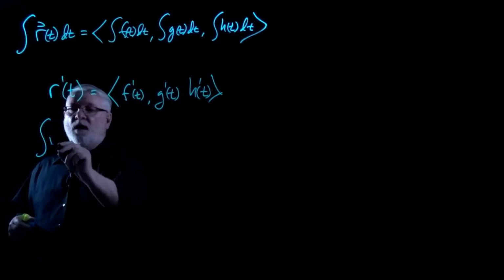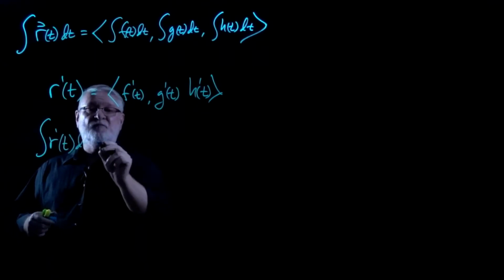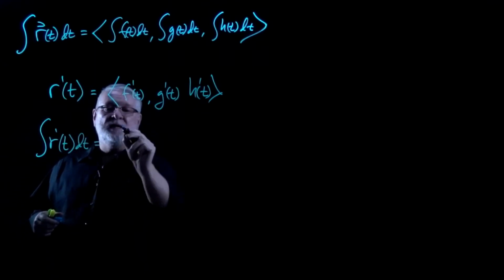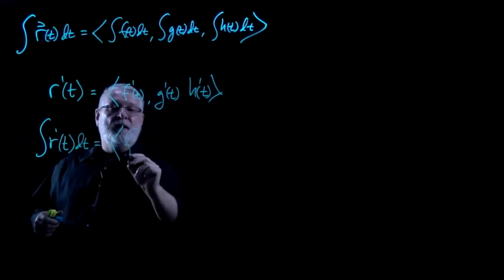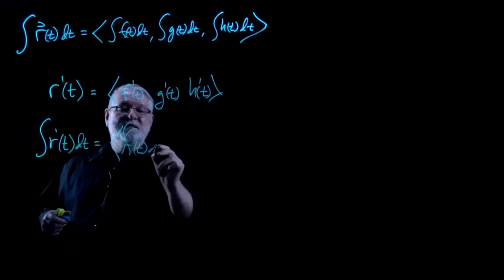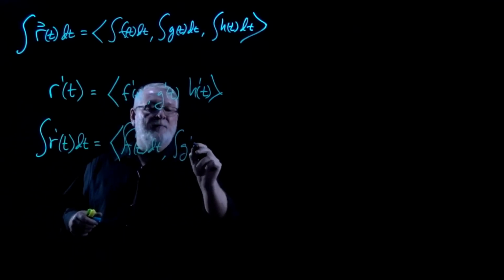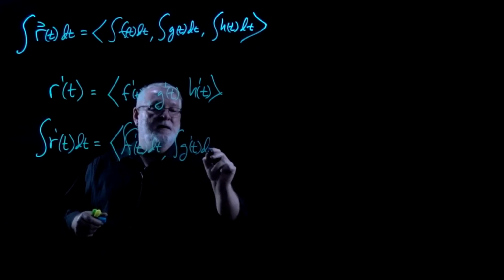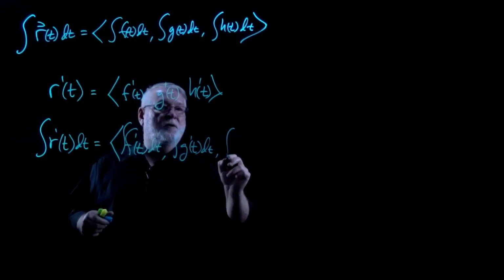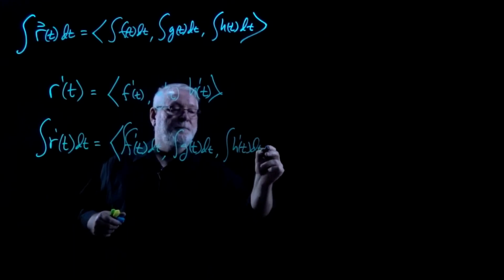The integral of r prime t dt should give me that. And that means I need to do the integral of f prime of t dt, the integral of g prime t dt, and the integral of h prime t dt.